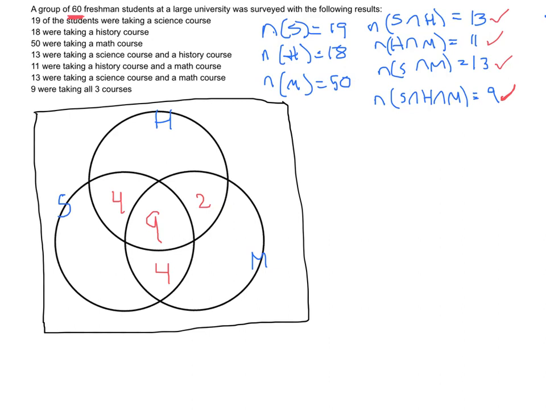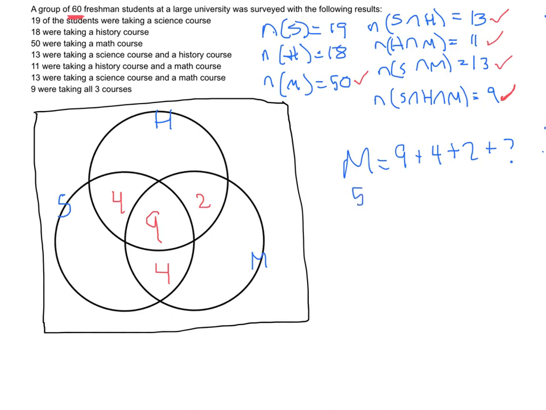So the next thing we're going to look at as we work our way up is that the number of elements in M is 50. So let's check this off. So again, what is M made up of? M is this circle here, right? And M is actually made up of 4 regions. So if we look at M, we know that M is made up of 9 plus 4 plus 2 plus that missing area that we don't have.